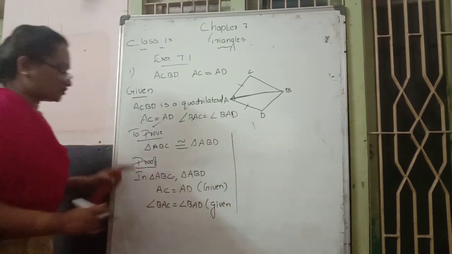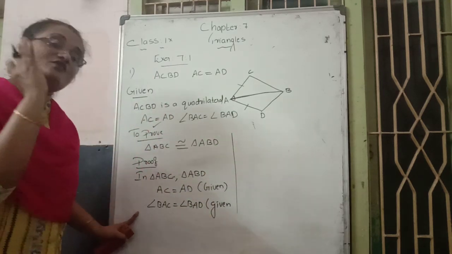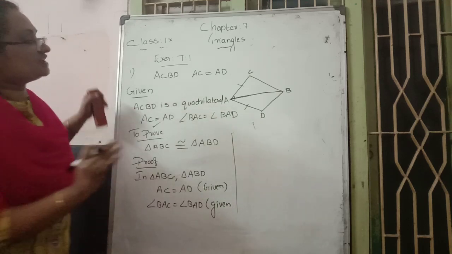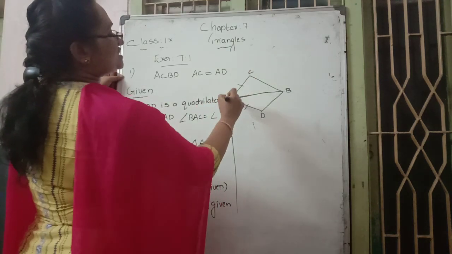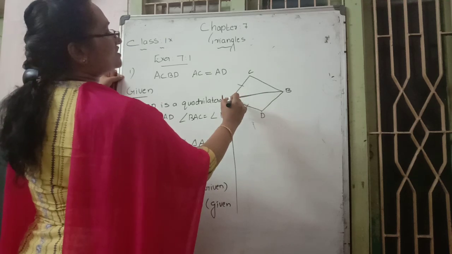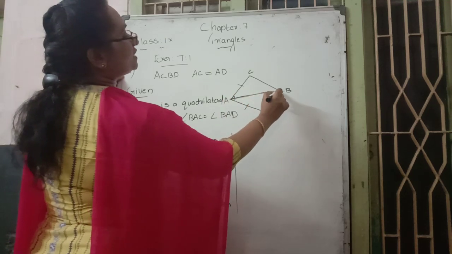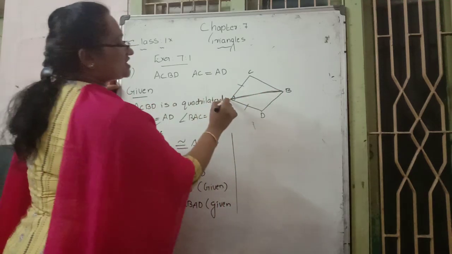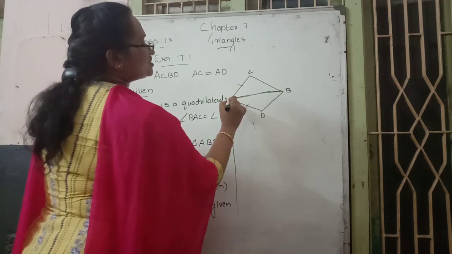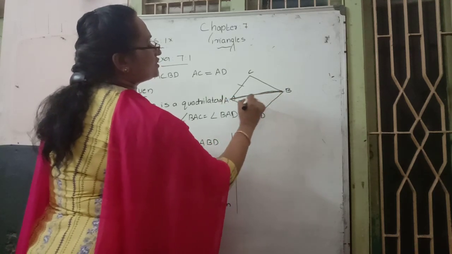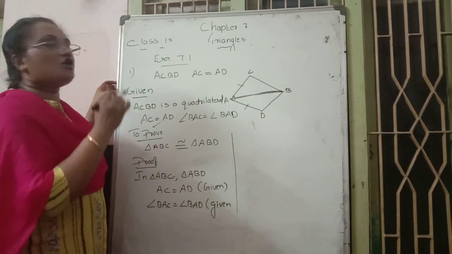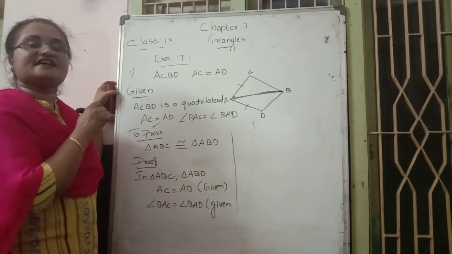Two conditions are complete. We always need three conditions. What else can we say? In triangle ABC, which line is included? The AB line. In triangle ABD, which side is included? Also the AB line. In both triangles the AB side is included.